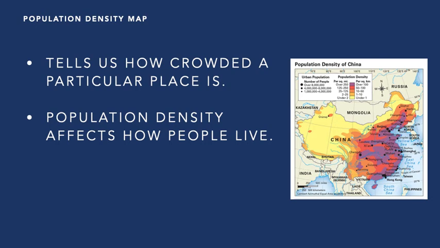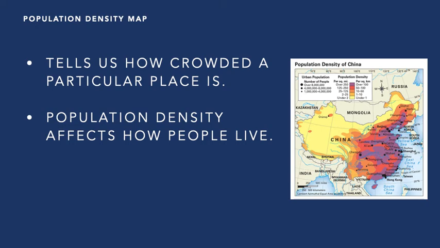So on the right-hand side of your screen, we can see a population density map of China. And we can see on the key that we have urban population, which has these little dots, a small dot, a medium dot, and a big dot. And on that map, we can see those different dots, and we can see about the number of people that live in that city based on the dot.